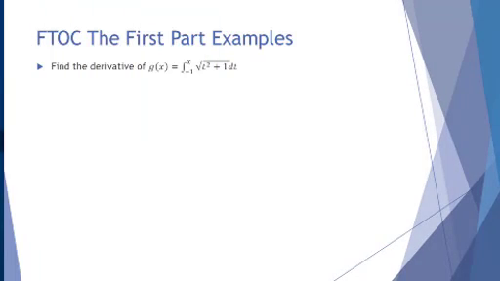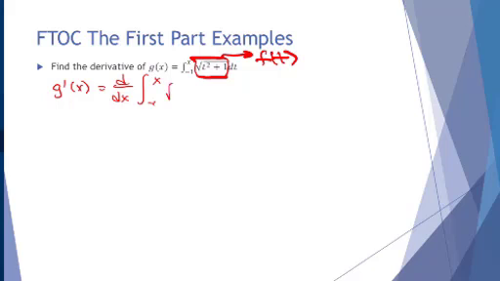So we're going to find the derivative of this function g of x, and notice it's defined in the same way that the fundamental theorem of calculus asked us to define it, right? It's the integral from -1 to x of the square root of t squared plus 1 dt. So this square root of t squared plus 1, that is f of t for this specific example. So when we go to take the derivative, g prime of x, in other words, we're taking d/dx of that integral from -1 to x of the square root of t squared plus 1 dt.